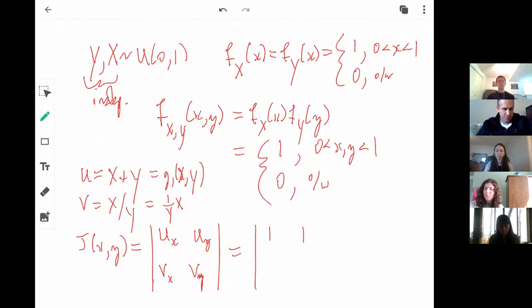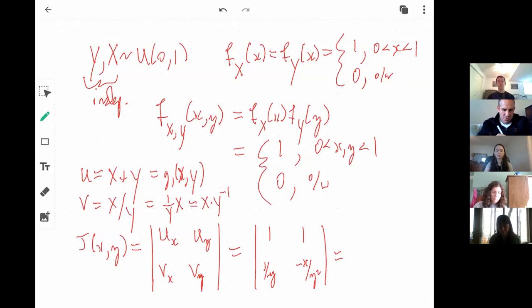It would just be 1 over y. And what about the y derivative? The most helpful way to think about it now is x times y to the minus 1. So what is the y derivative of this thing? I got negative x divided by y squared. Yeah, that's right.